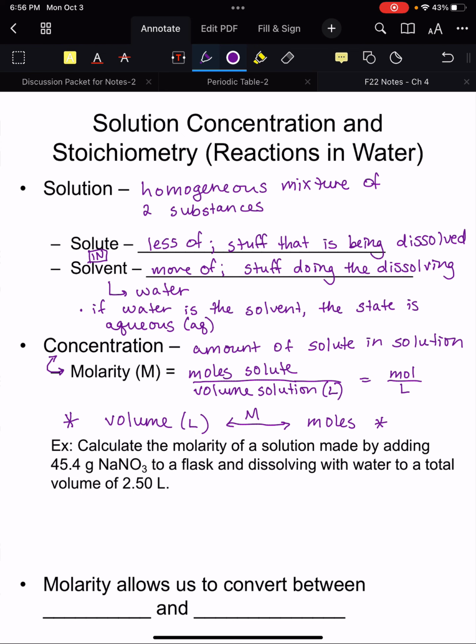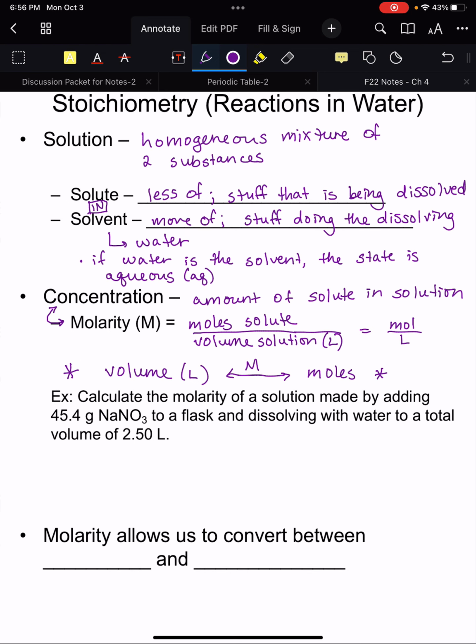So let's talk about how to calculate the molarity of a solution. This says we want to think about what the molarity is when we added 45.4 grams of sodium nitrate to a flask and dissolved it with water, so that tells us that water is the solvent, to a total volume of 2.50 liters. So we're looking for the molarity.